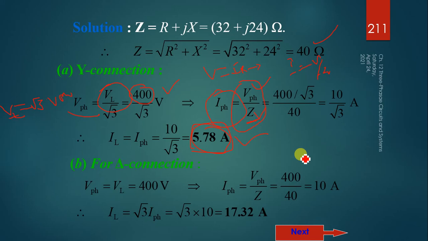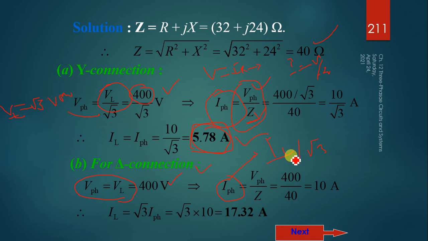Now let us start with the delta configuration. In delta configuration, as we know, the voltage in the phase is equivalent to the line voltage itself, which is 400 volts, whereas I phase is V by Z. I phase is not the same as I line. I phase is I line divided by root 3.